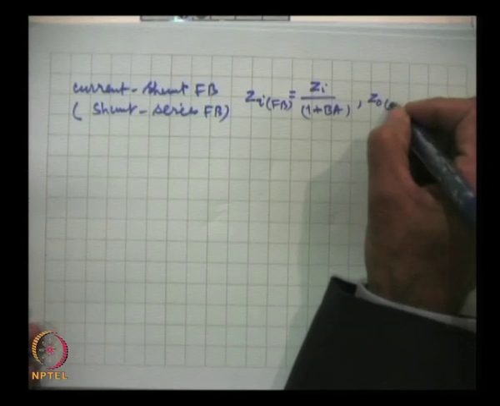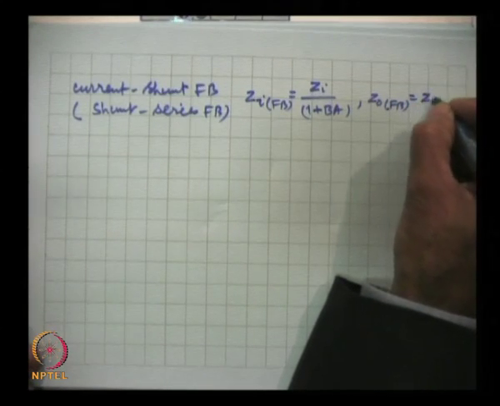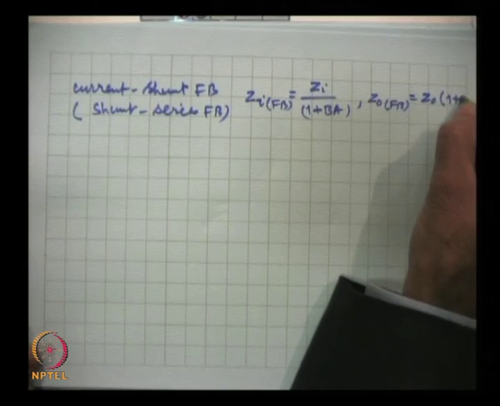So, Z out FB is equal to Z 0 times 1 plus B A.